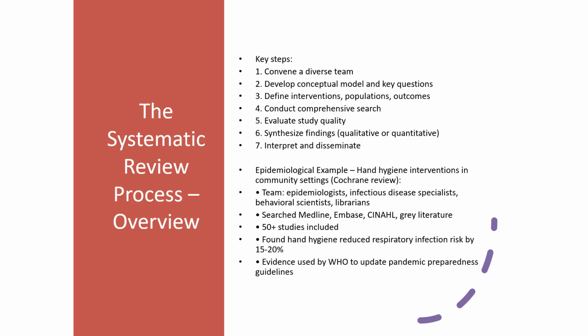They developed a protocol that specified exactly what studies would be included: randomized trials, community settings, laboratory-confirmed or clinical respiratory infections. They searched Medline, Embase, CINAHL, and grey literature, theses, conference proceedings, government reports, and they found over 50 studies.